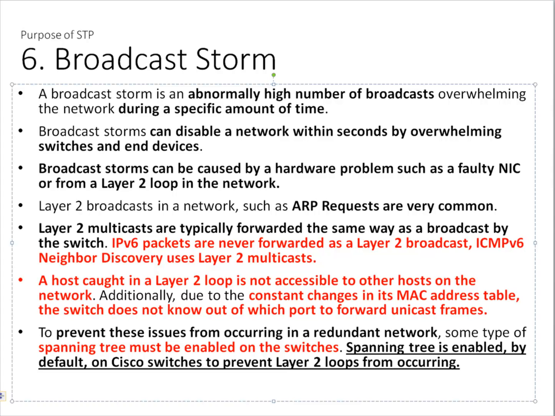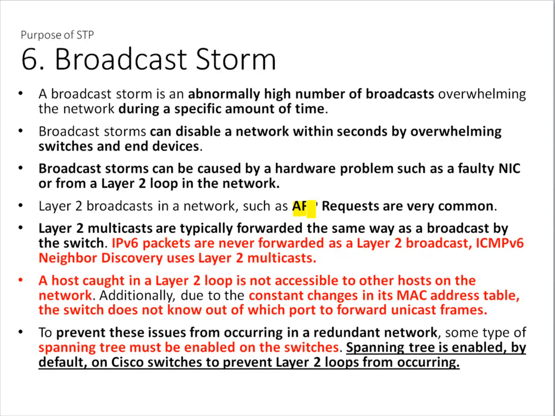How do these broadcast storms happen, or what are the reasons behind this? There are so many protocols. Suppose the ARP protocol, you can see here ARP request. Due to the ARP request, Address Resolution Protocol, an ARP request may create a broadcast storm in a network.